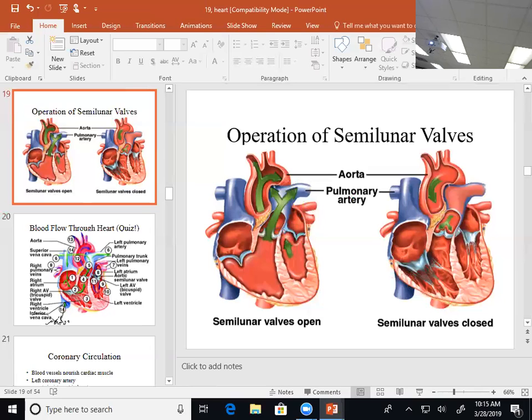Then it comes back to the left pump so that the oxygenated blood can be sent to the system, which includes the heart itself. Which special vessels carry oxygenated blood to the heart? Coronary arteries that nourish the heart.